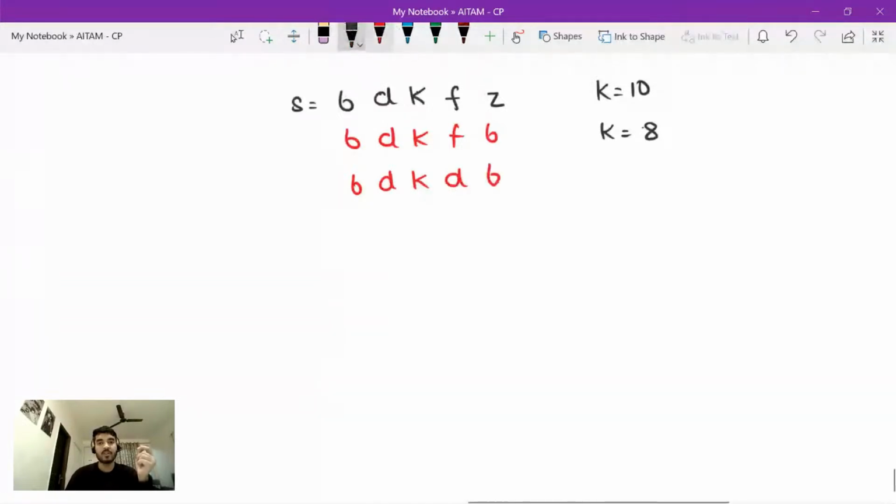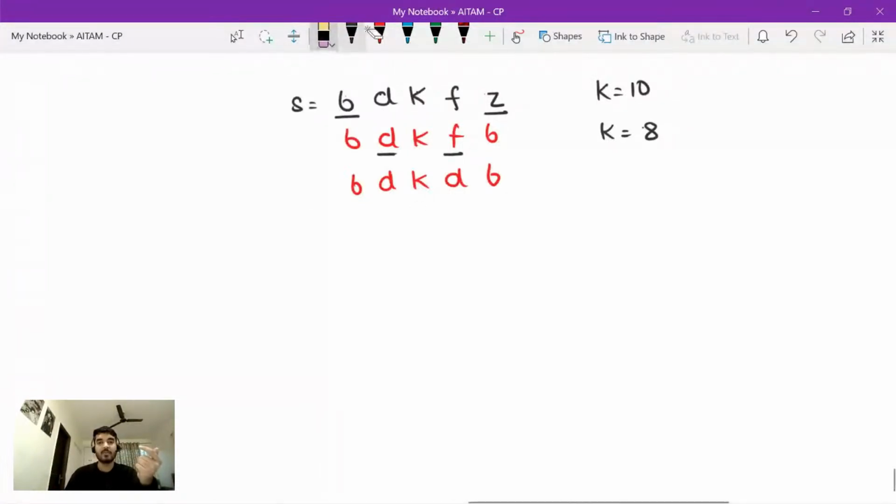So in the first case, I have selected these two indices, B and Z. Then these two indices, and now this K. This K is a separate individual character, because you don't have to change any other character since it has odd length. So this is a middle character which can be anything.